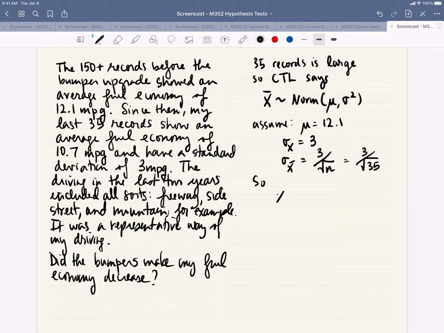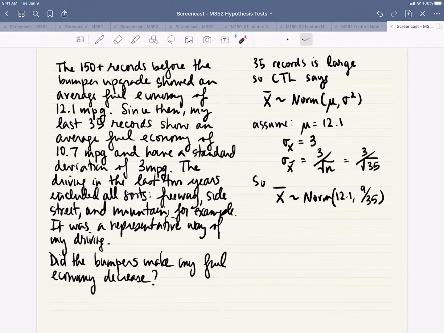Now we've said our sample mean is distributed normally with a mean of 12.1 and a variance of 9/35. I'm following what I did here and putting the variance in.